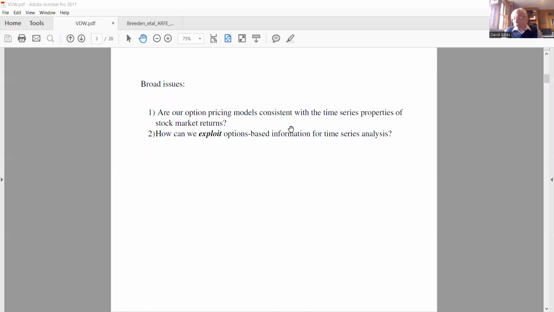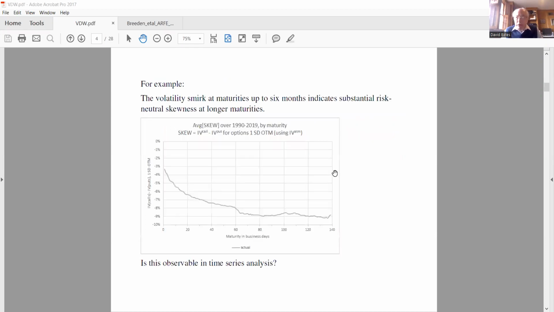Of course, we have to adjust for compensation for risk, but is there some direct evidence in the time series that these models are capturing something? For example, here's the average volatility smirk. It's the difference between implied volatilities of calls and puts that are exactly one standard deviation out of the money, as measured by the at-the-money implied volatility scaled by the square root of the time horizon.